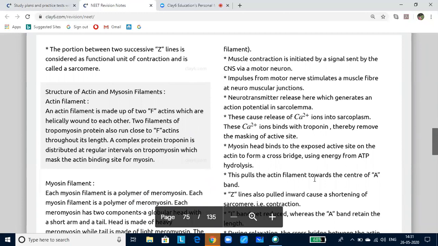The oxygen carrying iron protein pigment of muscle is called myoglobin, and it has only one heme group. Contractile proteins: the protein part of the muscles can be divided into myofibrillar proteins, which make up about 50 to 55% of the total, and they are responsible for the actual contraction of the muscles.